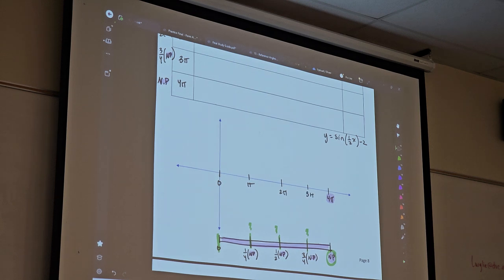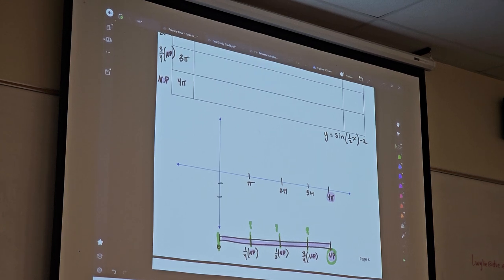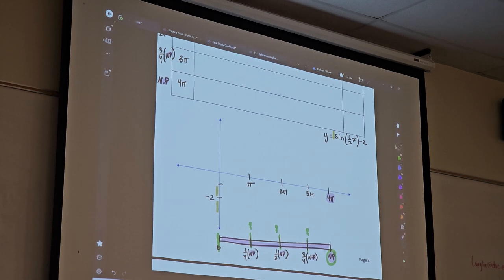All that's happened is we've shifted this thing down 2. The standard amplitude is a 1. There's a 1 right in front of this. Up 1, down 1. So my max is -1 and my min is -3. Your new equilibrium is -2.